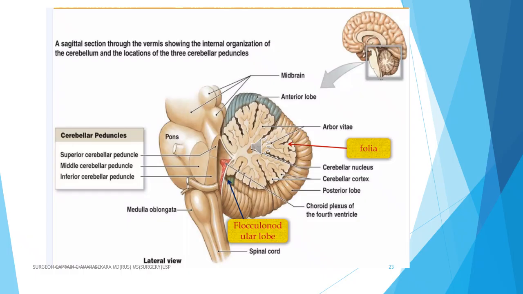So next, the inferior cerebellar peduncle, or medulla connection. It carries afferent fibers from the spinal cord and brainstem, including vestibular nuclei. It transmits proprioceptive and vestibular inputs.